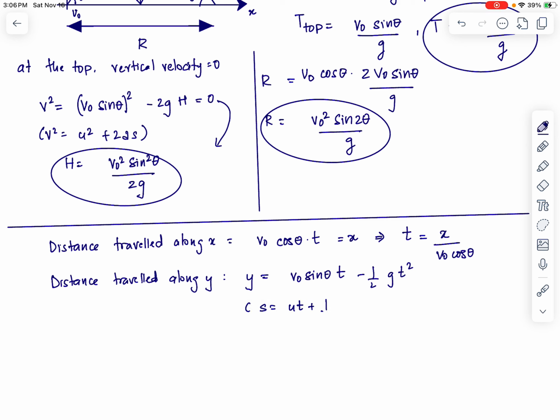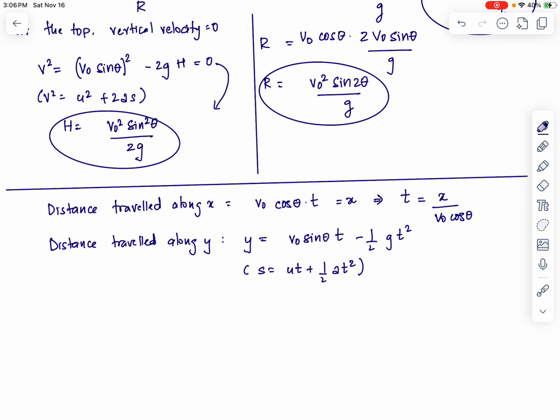So now that we've got the y coordinate at time t, we can plug in the value of t in terms of x to find an equation that expresses y in terms of x.